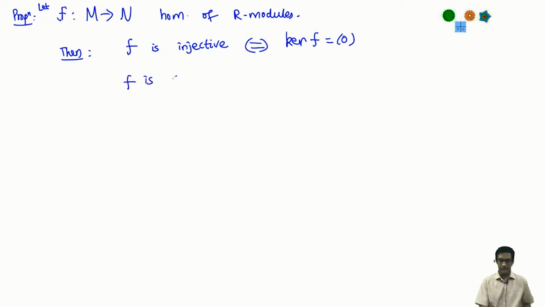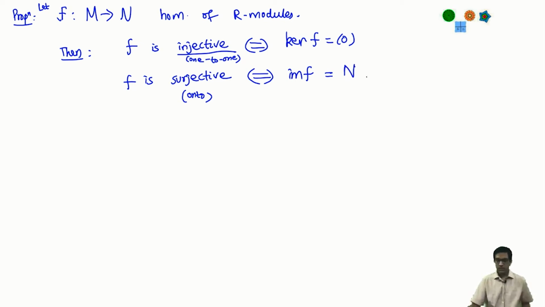Similarly, f is surjective, which means it's an onto map, if and only if the image is the whole space N. Again I am going to leave this as an exercise, it follows more or less just from the definitions. You have seen this in the context of groups already.